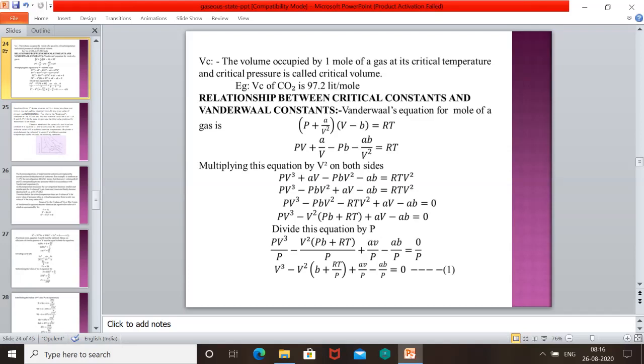We are multiplying with V squared. So PV cubed, and we are arranging this equation. Dividing by P, we get an equation where the coefficient of V cubed is 1: V cubed minus V squared into b plus RT by P, plus AV by P minus AB by P is equal to 0. You see, the powers are in decreasing order.